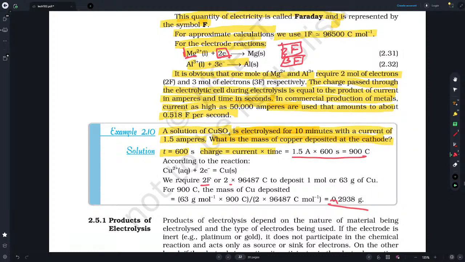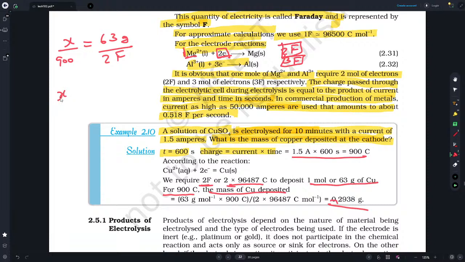We got a 900 coulomb value and we need 2F, or 2 into approximately 200,000 coulombs of charge, to deposit 1 mole or 63 grams of copper. For 900 coulombs, the mass of copper deposited is, so they took X by 900 equals 63 grams per 2F.